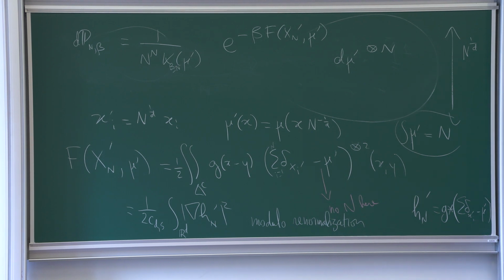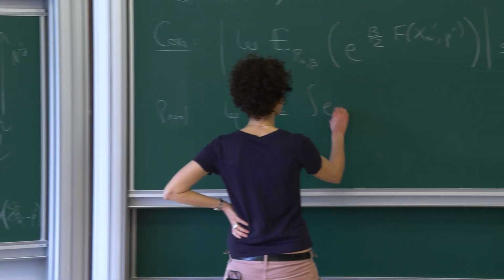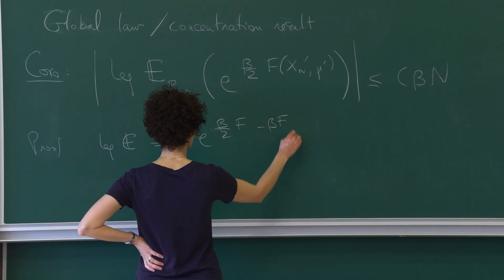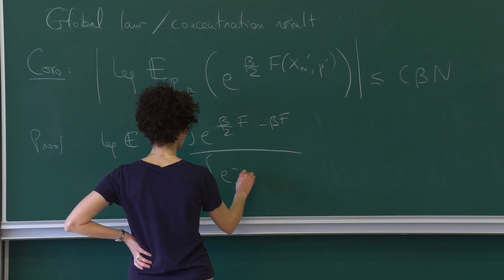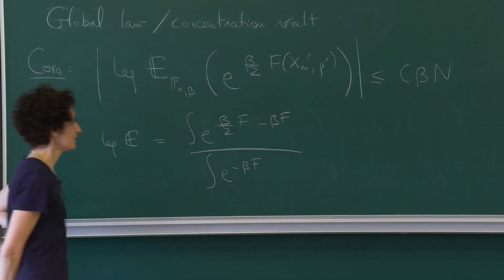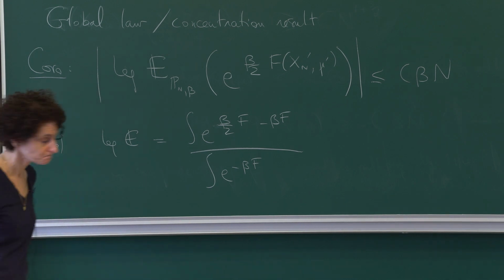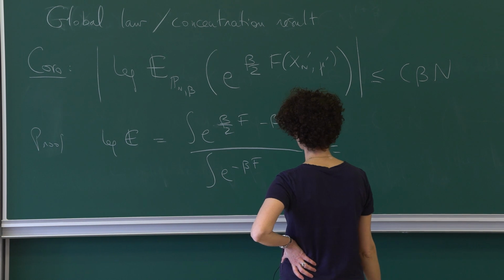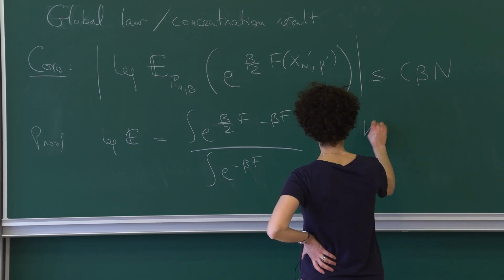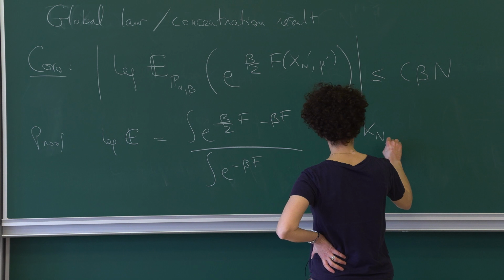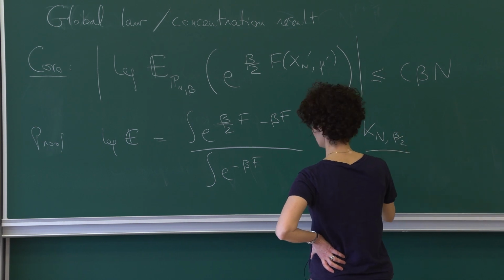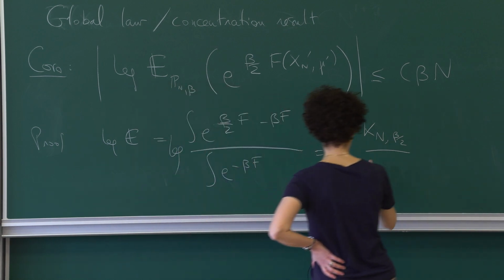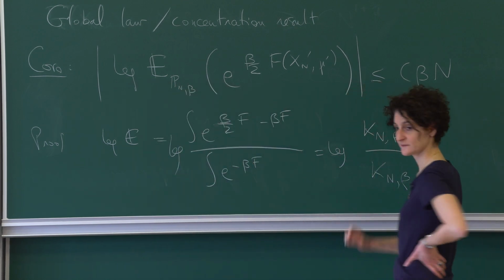So now what is this expectation? Well, it's just the ratio of e to the beta over 2f minus beta f divided by e to the minus beta f, by definition. So it's basically k n beta over 2 divided by, I forgot the log, k n beta.